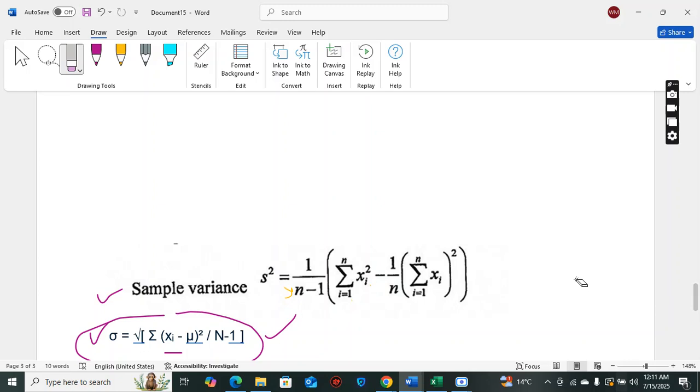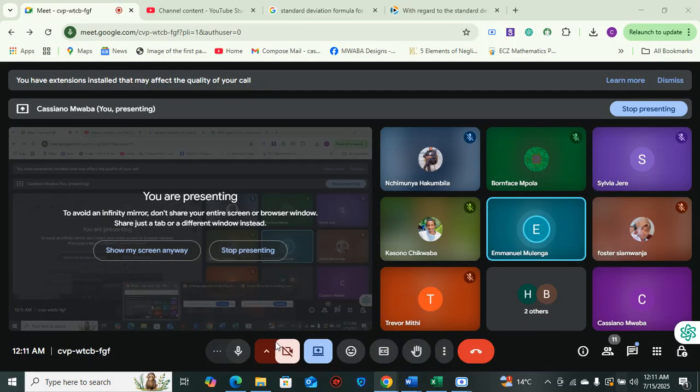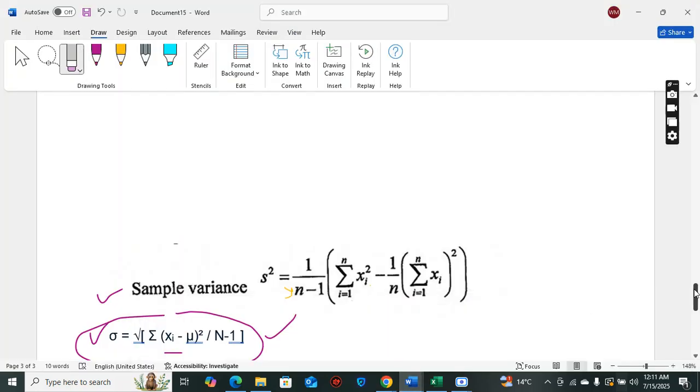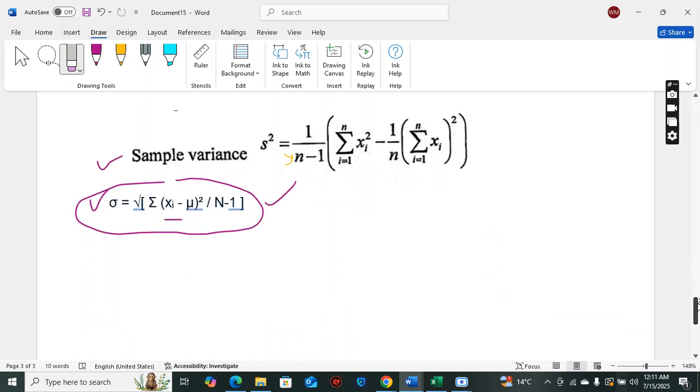Each value. Have you seen xi? X represents the value. When there's x, you know you're talking about the value. In English, you subtract the mean from the value.